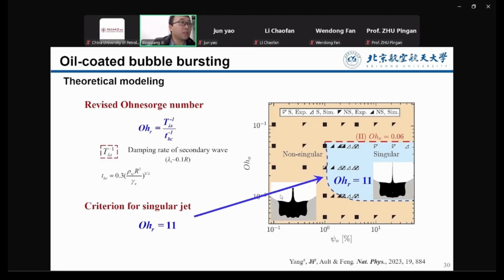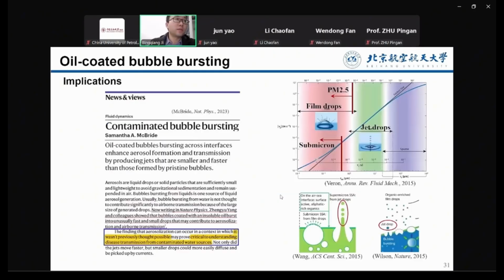So the oil layer does not change the collapse time, but it changes the damping rate of the secondary wave. So you can see the line of Ohnesorge number equals 11, which describes the lower boundary of the singular regime, and the upper boundary is set by the oil viscosity, because high enough viscosity significantly damps the jet evolution.